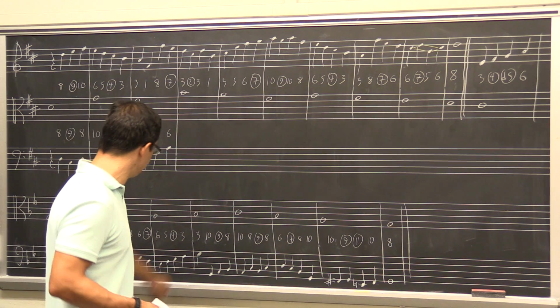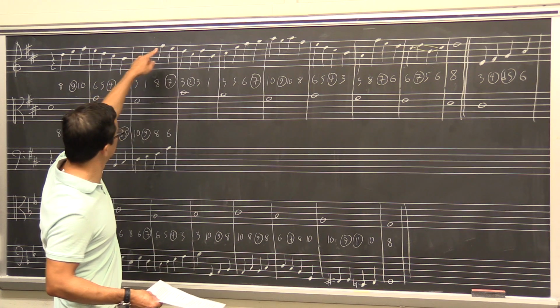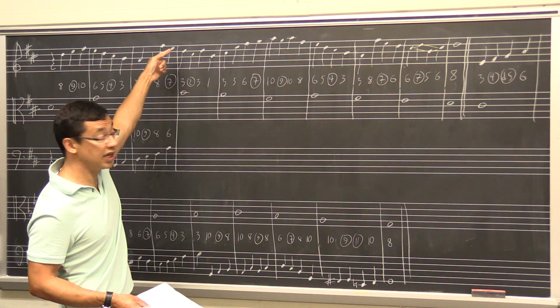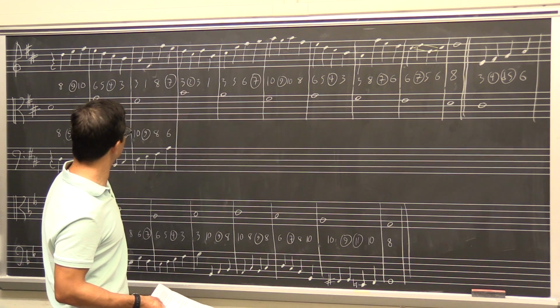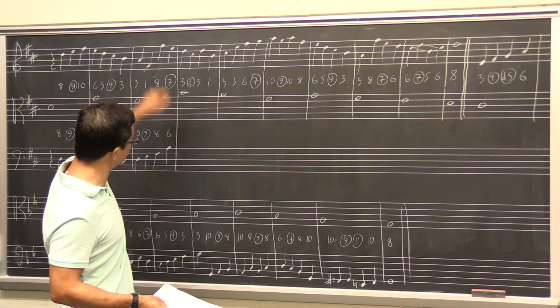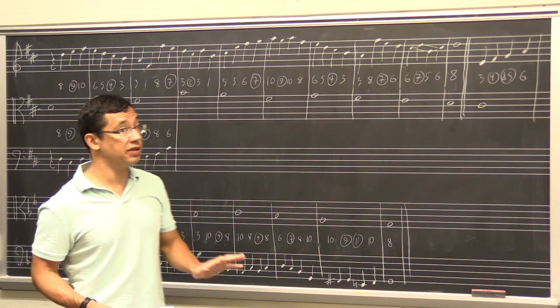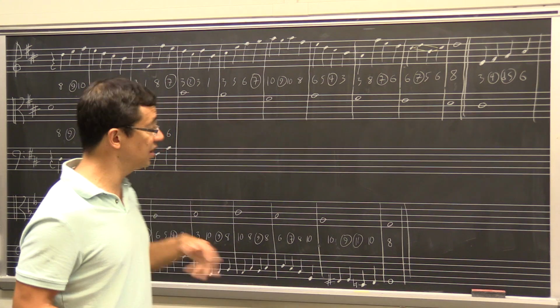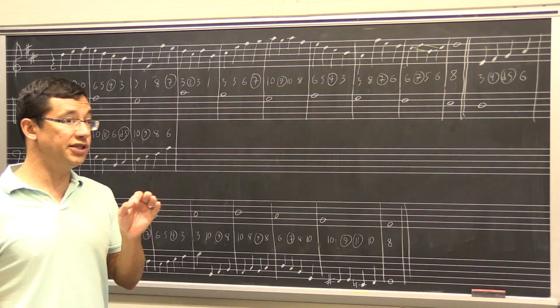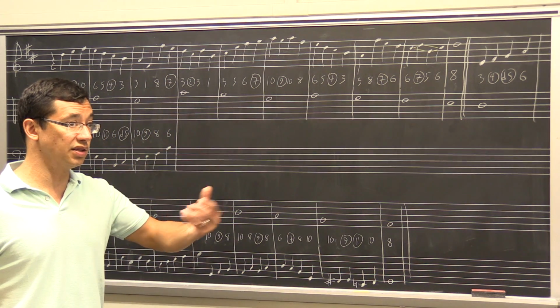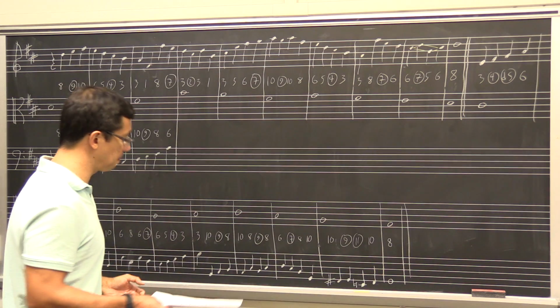We do have some. As it happens, these both have octave leaps. This one even has an ascending octave leap, quite saliently there, even into a relatively strong beat. So it's not that you don't use leaps, it's not that you don't use large leaps, it's just that you don't have as many of them. You want to make sure that the line still feels mainly conjunct, that it feels very singable.